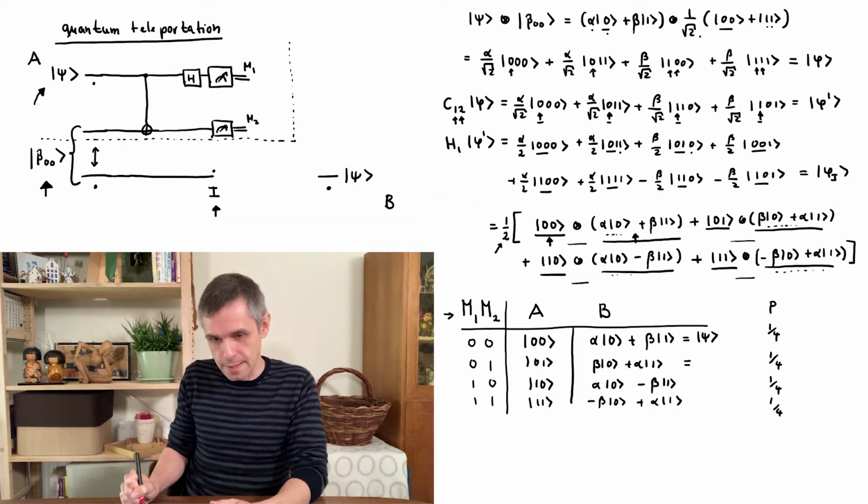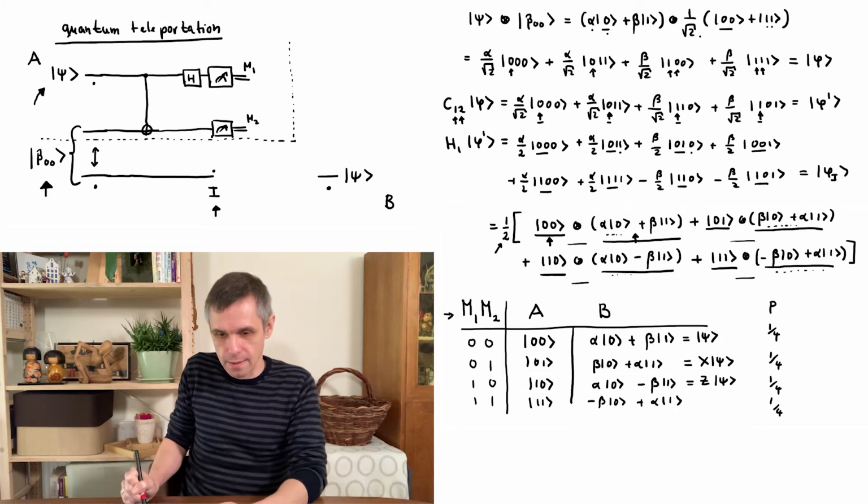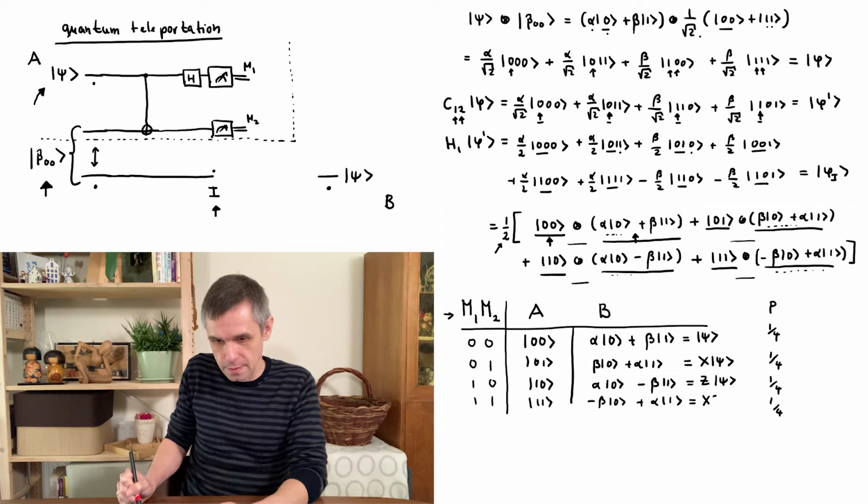For instance, this state is obtained from psi by applying a Pauli X gate, so a NOT operation. This one here is obtained by applying the Pauli Z gate on this single quantum bit. And this one here is obtained by applying first a Z and then an X operation.